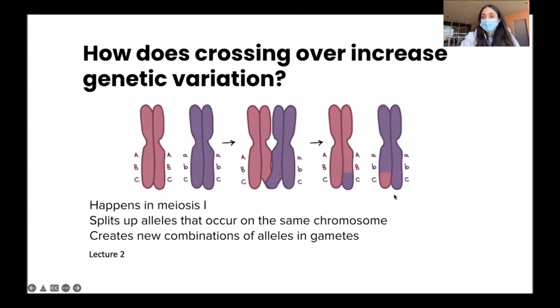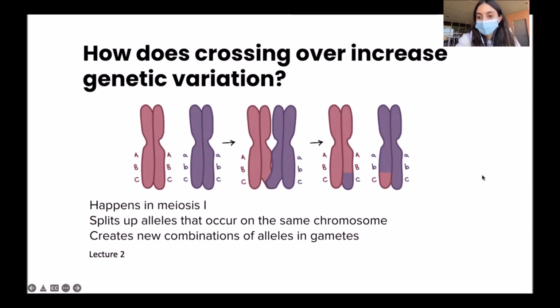Crossing over increases genetic variation, and how that happens is when chromosomes swap alleles, like here, we swap the C allele, and here this chromosome has the genetic material of this, and this one has the genetic material of this, and that's how we create new combinations of alleles and how we increase genetic variation.